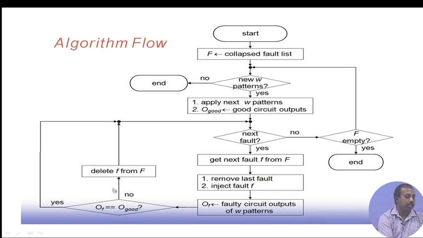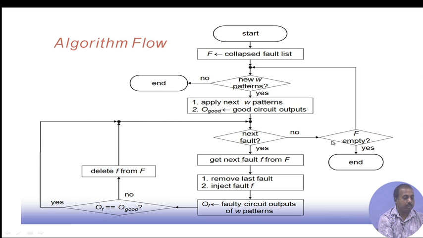In that case we delete F from the fault list, that means we have detected this fault, and it need not be considered anymore. We take the next fault and this process continues. If OF and O good are the same, the faulty response and good response are the same, then this set of W patterns could not detect this particular fault. So we try with the next fault.